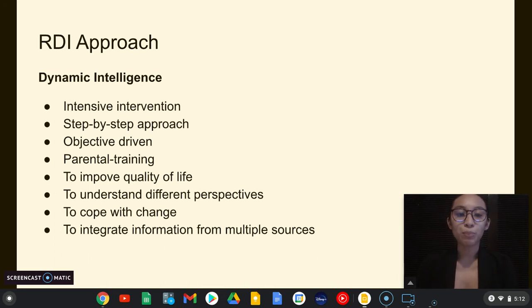The approach is to improve the overall quality of life for the individual and their families, for the individual and the caregivers to understand the different perspectives that they may have, to increase the quality of interaction between them. Also, to increase the ability of the individual to cope with changes and adapt to different social situations, and to integrate information from multiple sources.